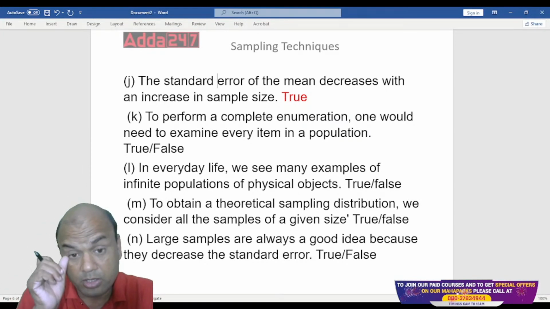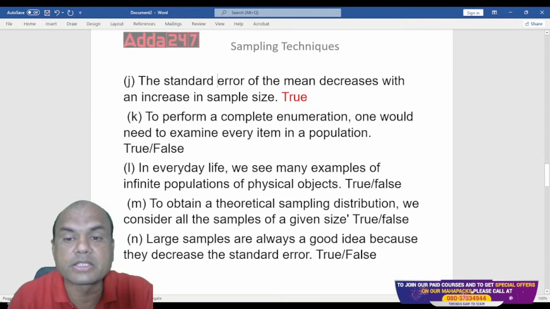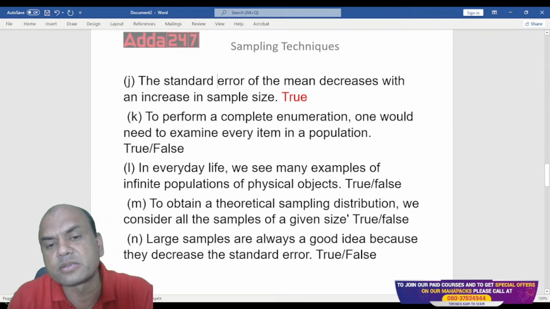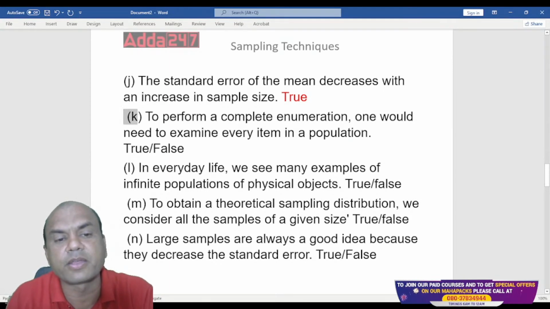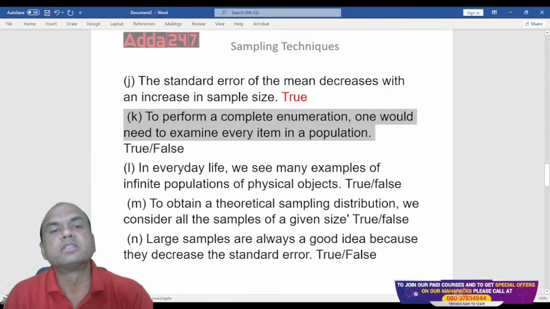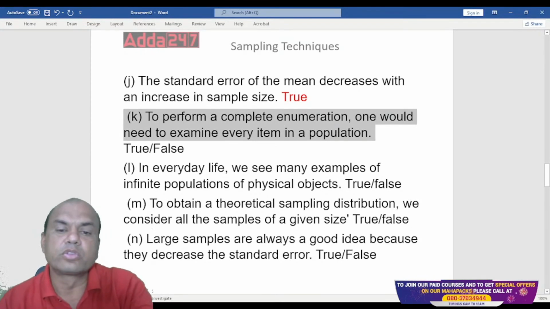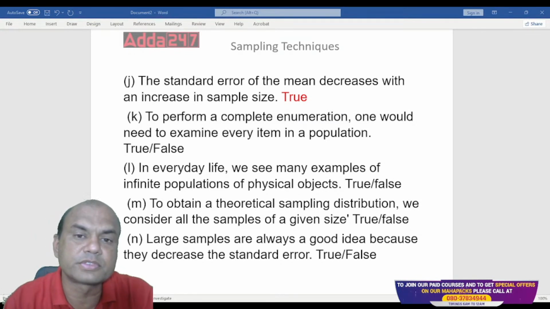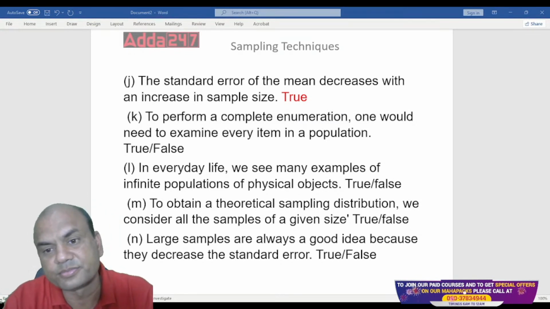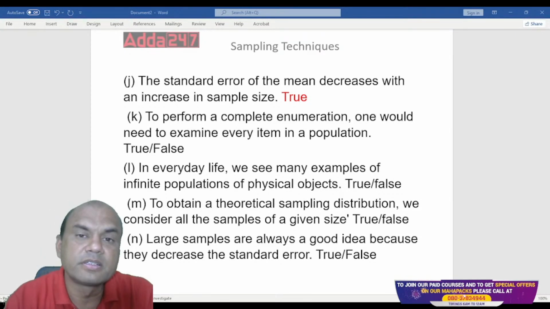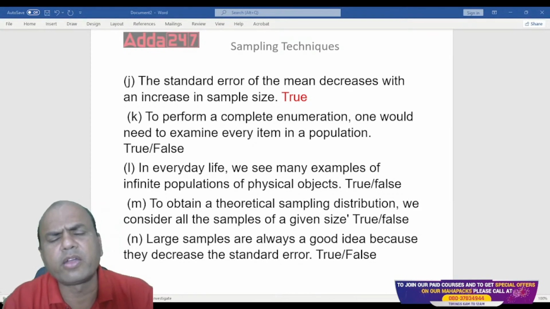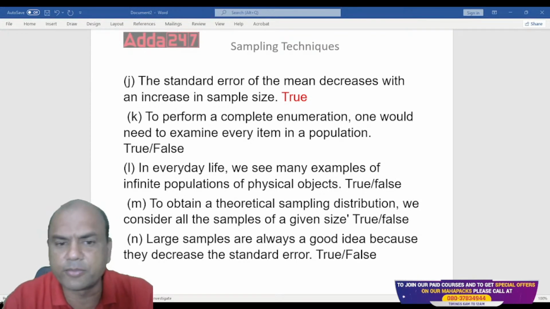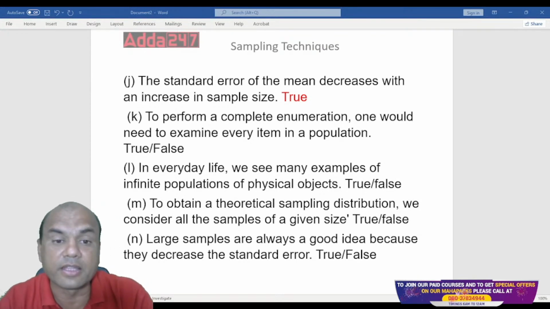To perform the complete enumeration, one would need to examine every item in the population. Meaning to do some survey. Suppose I have been told to find out the average salary in Delhi.